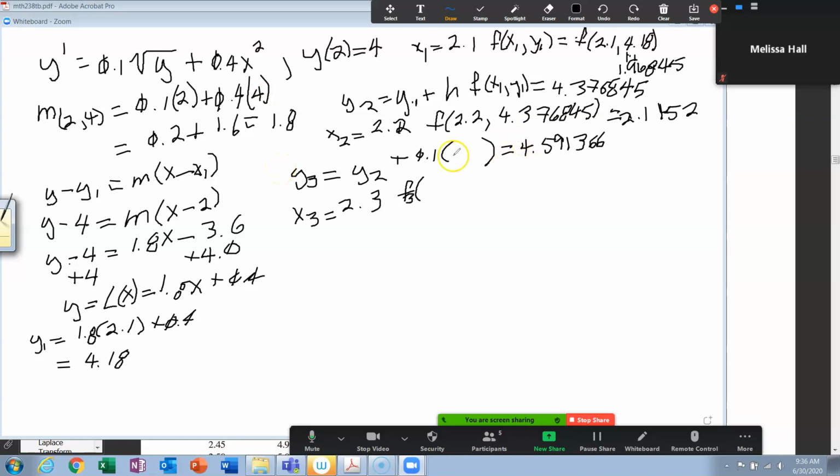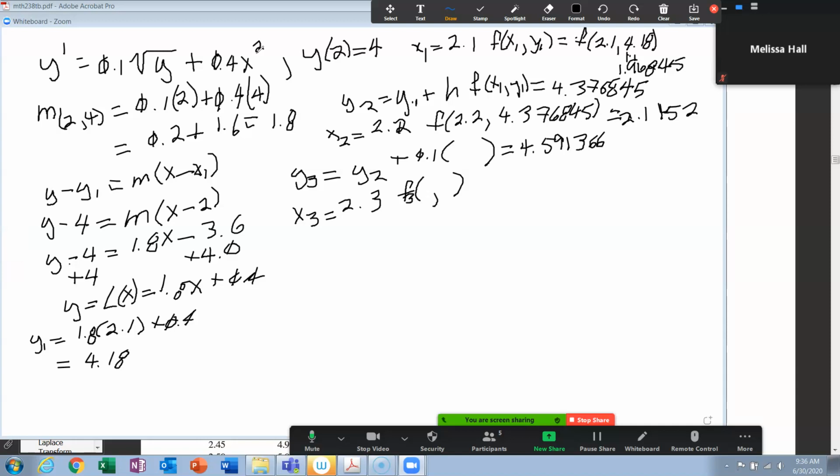So the f sub 3 of those two values, the x3 would be 2.3, and the y3 would be this one here. So I'm going to plug that into this equation here. The y in there, the x in there, and that's my new f3.